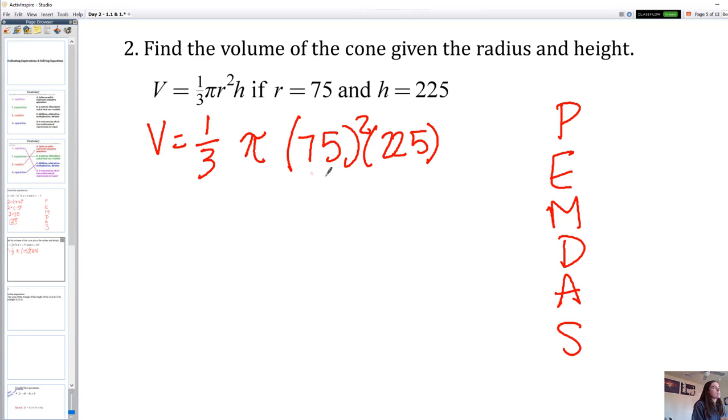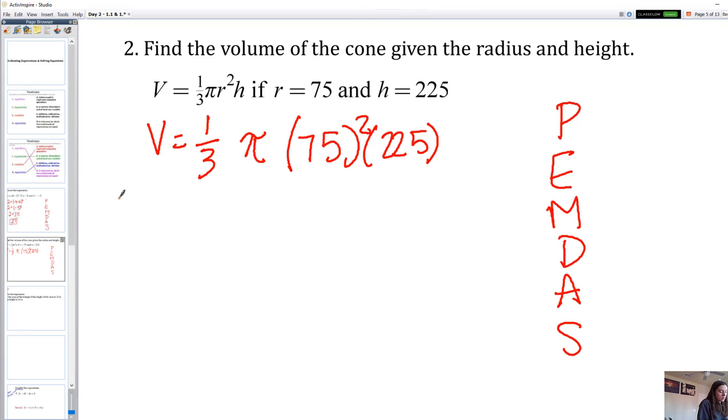So inside the parentheses, I see a 75, and I see the 225. Those are already as simplified as they can get, so we can move on from P and move on to E. E stands for exponents. I see this exponent of 2, so I'm going to go ahead and square 75. So 75 times 75, and we get 5,625. So I'm going to put that into my equation.